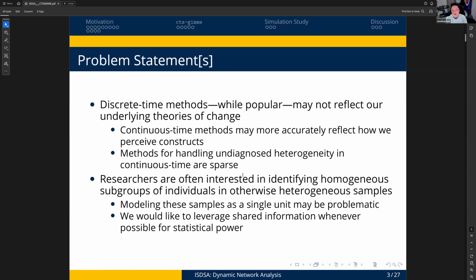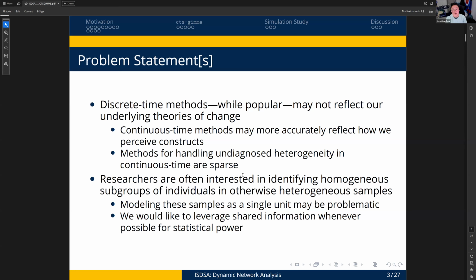Out of the gate, the problem statement of this particular line of work is that, one, discrete time methods are very popular, perhaps by far the most dominant form of time series analysis that we're doing in psychometrics or in psychology. In contrast, continuous time methods may more accurately reflect how we perceive constructs.